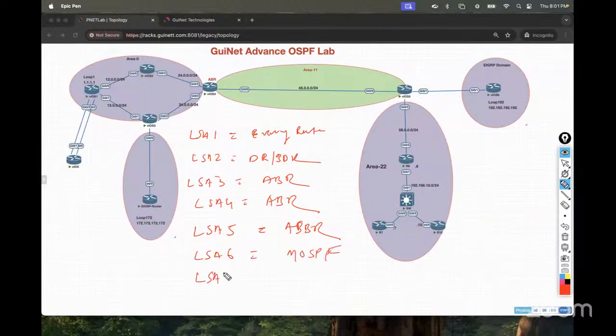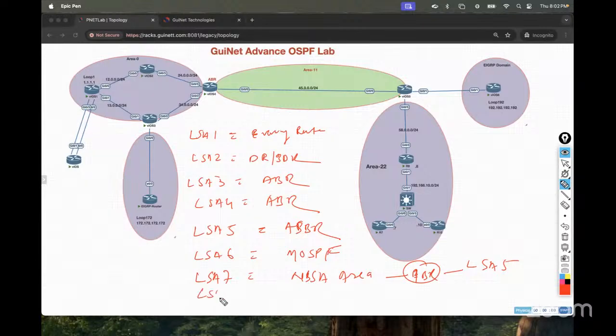LSA 7 is generated by the NSSA area, but when it travels to another area, meaning it crosses the ABR router, it is converted to LSA 5. So it's similar to LSA 5, but while it stays in the NSSA, it stays as LSA 7.